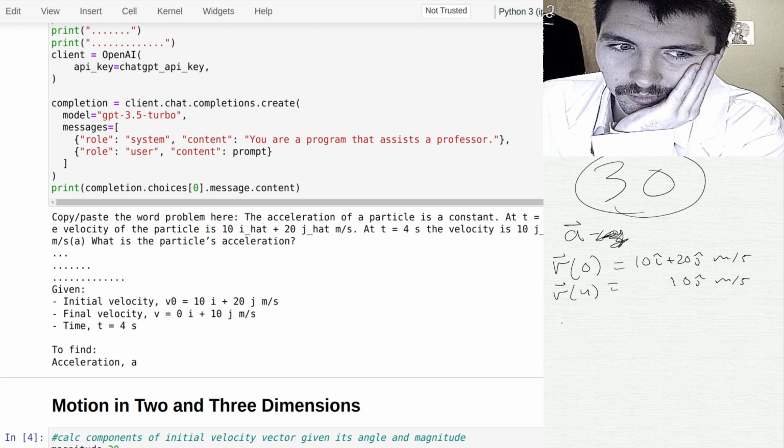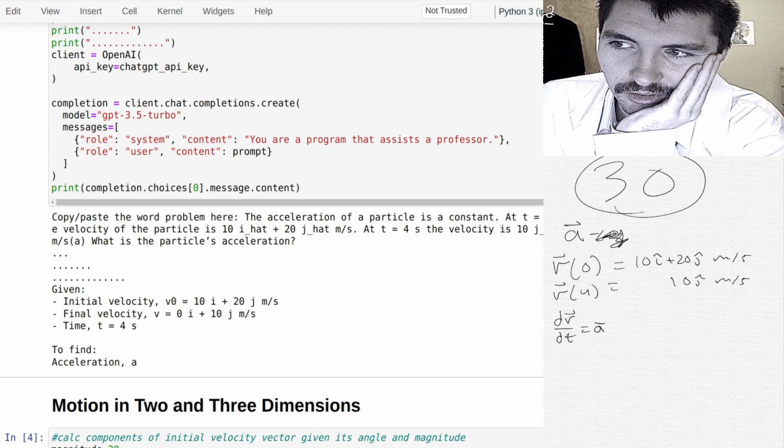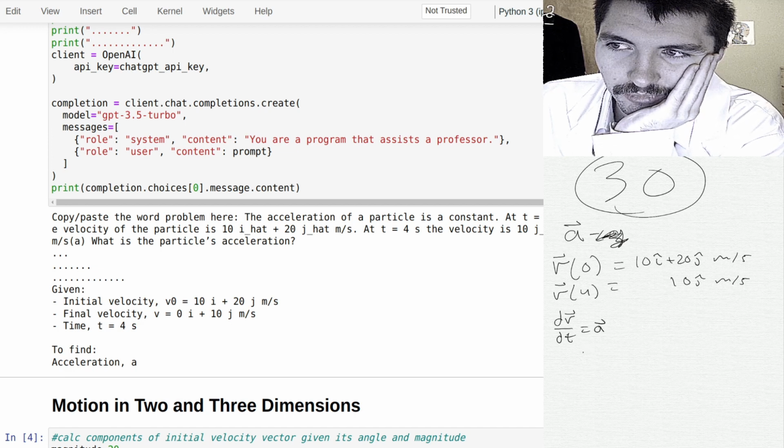So we know acceleration is dv over dt, a.